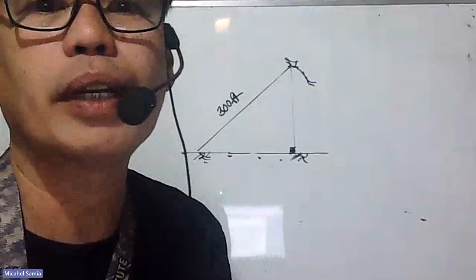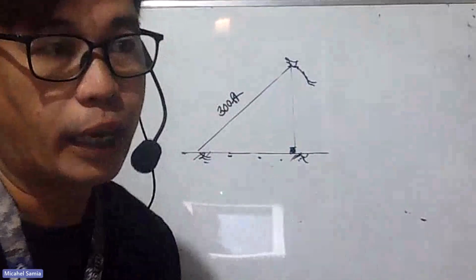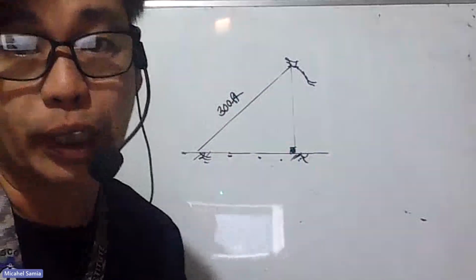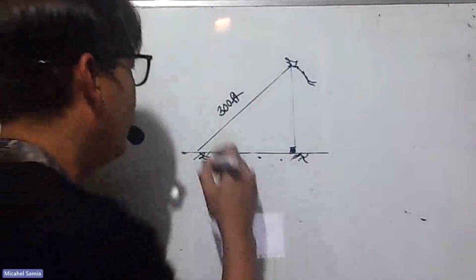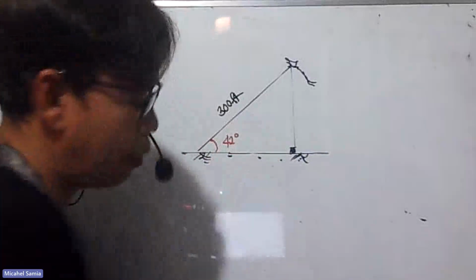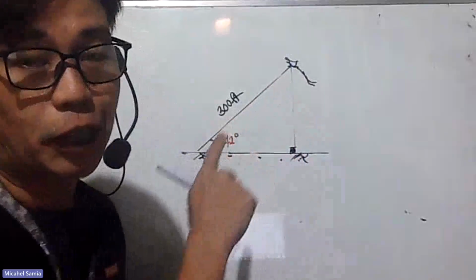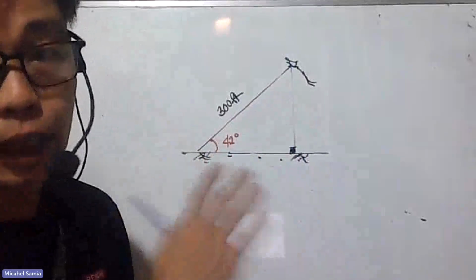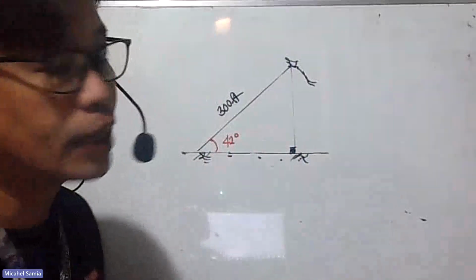Let me just check if I'm right. 42 degrees with the ground. So the string and the ground make an angle of 42 degrees. Meaning, your angle should be here. This is 42 degrees. You could make a mistake if you placed it elsewhere, since that is not the location of your angle. It says with the ground, so it should be on the ground. The question is, how high?